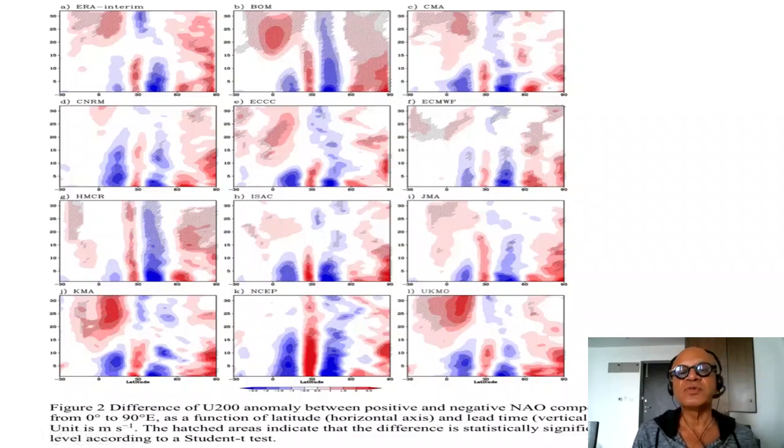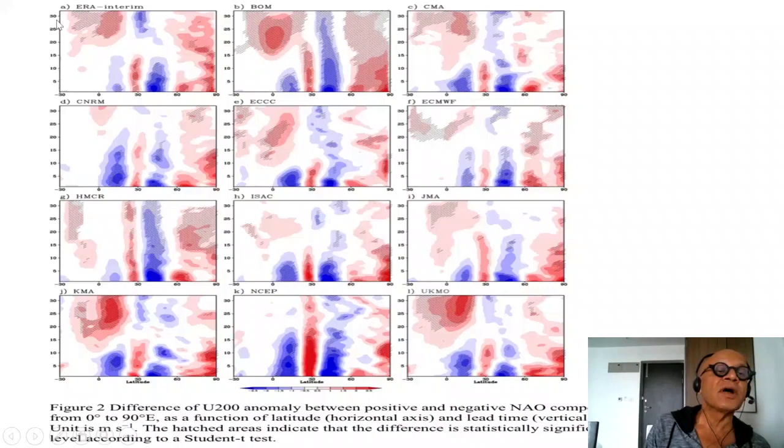These figures tend to be so small that you have to blink at them, even in the publication. So you clearly see the upper level winds with the lead time. The vertical axis is lead time going from 0 lead to 5, 10, up to 30 days.